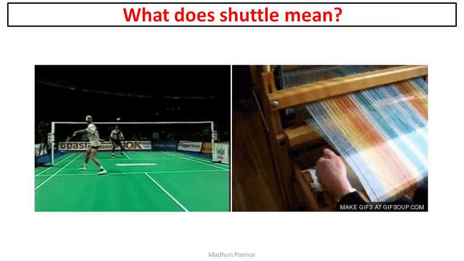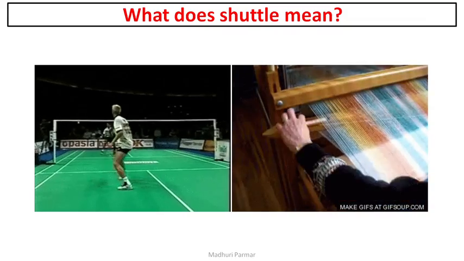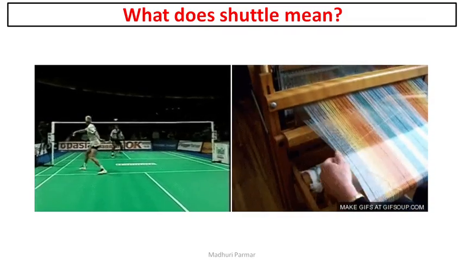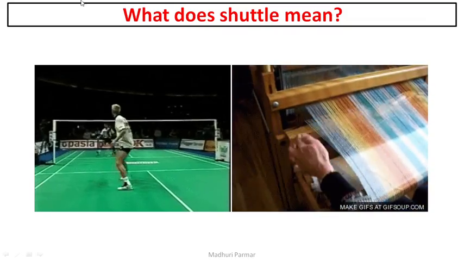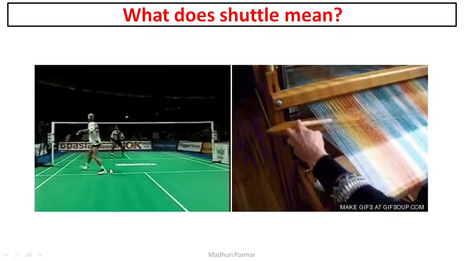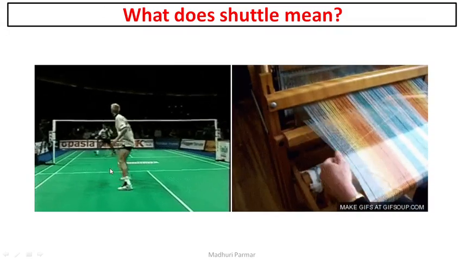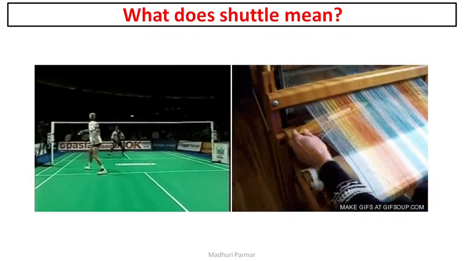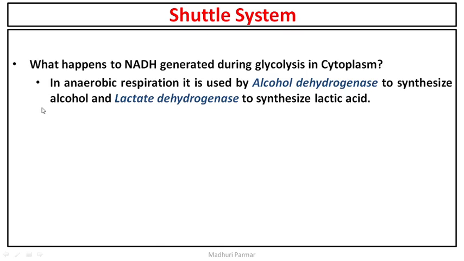You give them 10 rupees, 20 rupees and they will bring you from point A to point B. So a shuttle is basically something which is bringing a thing back and forth. After understanding the meaning of shuttle, I hope it has been imprinted on your brain what a shuttle means.